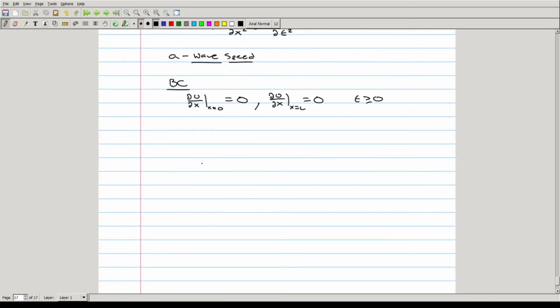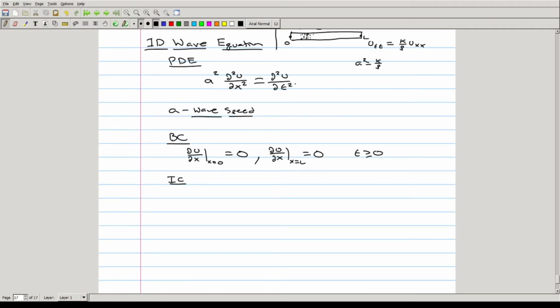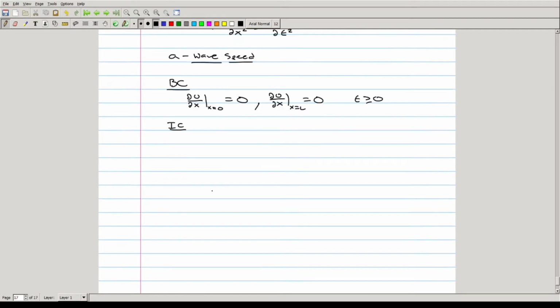as well as the initial condition, which we always have to specify. It's going to be a little bit different now because we have a second order derivative with respect to time. So we're actually going to have two separate initial conditions.